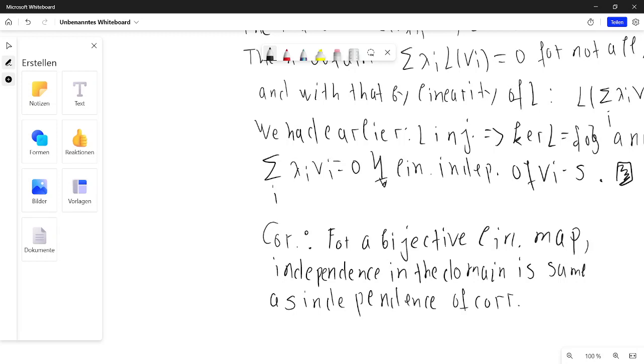And by same, we really mean we can go in both directions.